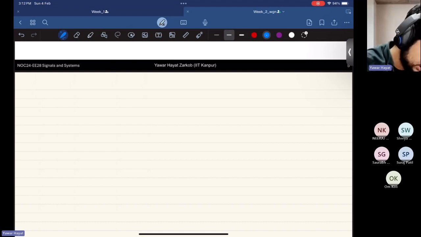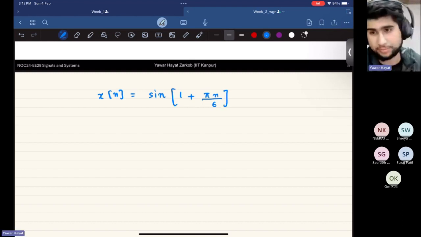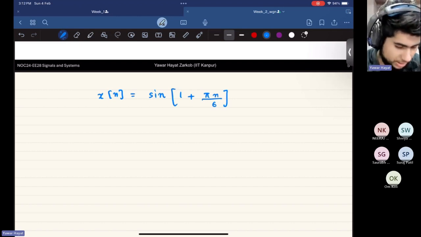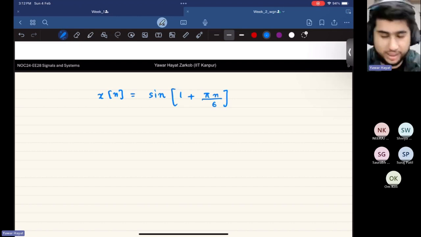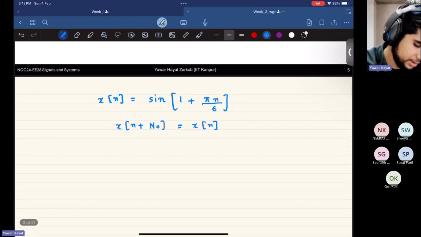Okay, so the given signal was x of n equal to sine of (1 plus pi n by 6). And we know for periodicity, the condition that should be satisfied is x of n plus n0 should be equal to x of n.